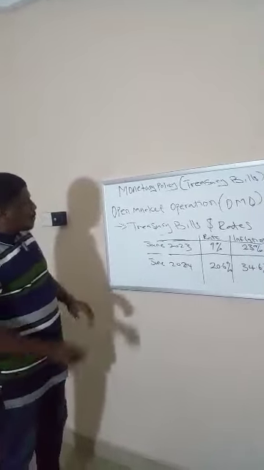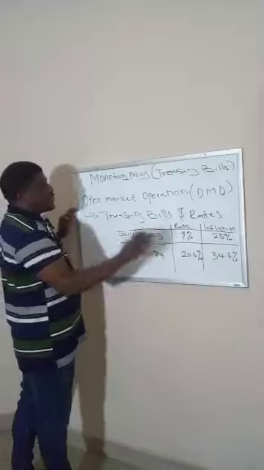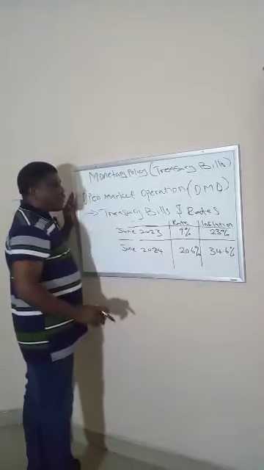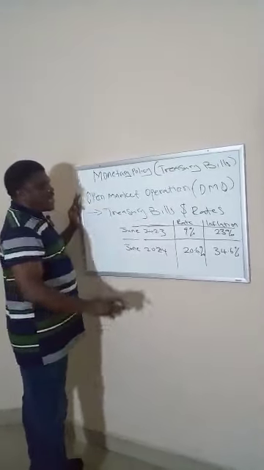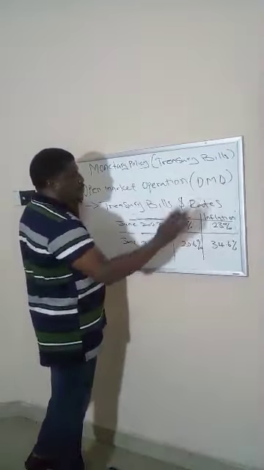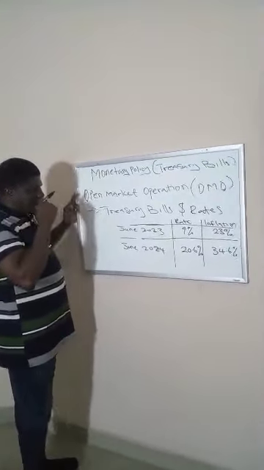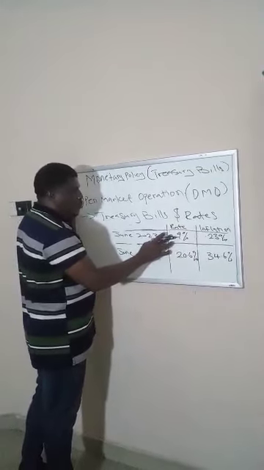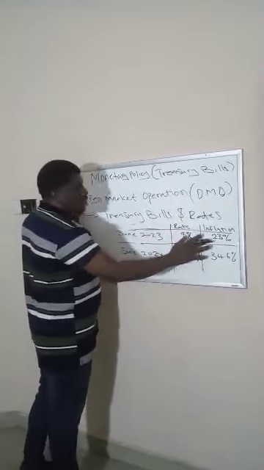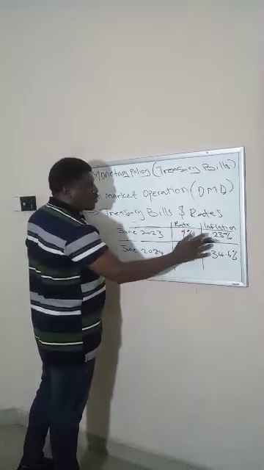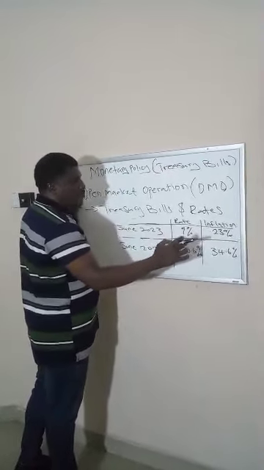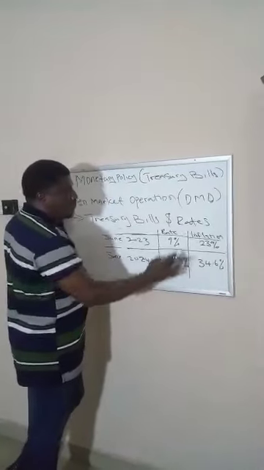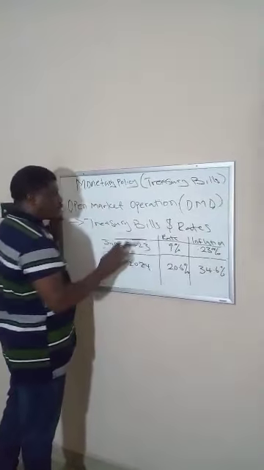However, for the general public, if you look at June 2023, the rate of treasury bills at that point in time was 9%, and the inflation was 23%. What that means is that as inflation grows, the rate too is expected to grow, because if the rate does not grow along with inflation, the public will be discouraged from investing their funds in treasury bills.